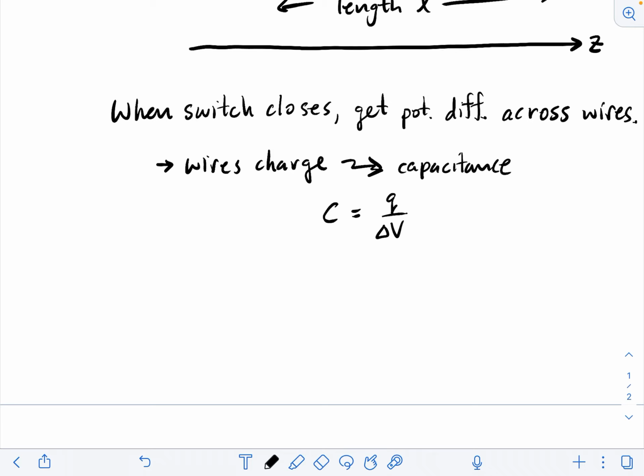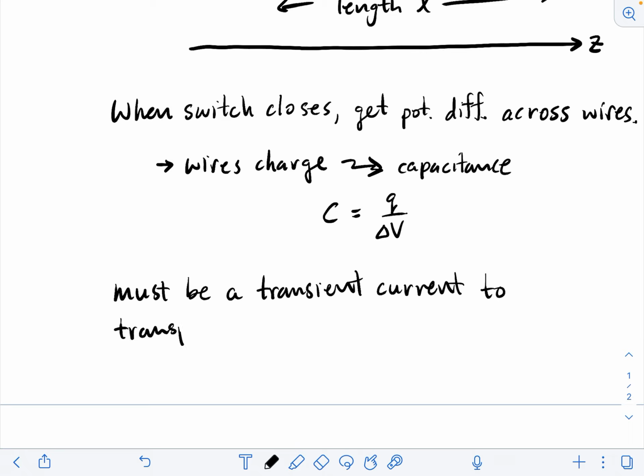So there must be a transient current to transport the charge so that the wires actually charge up. And that's going to lead to some kind of effective inductance associated with this geometry, with our transmission line.